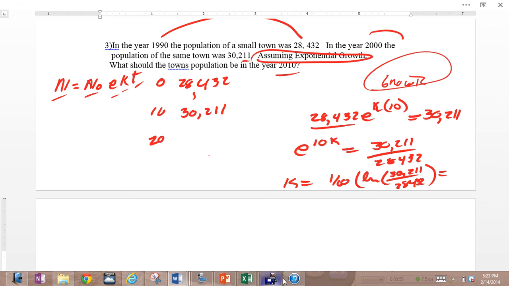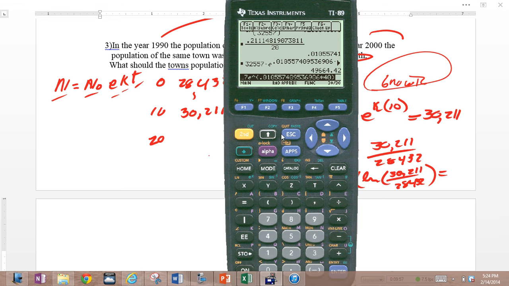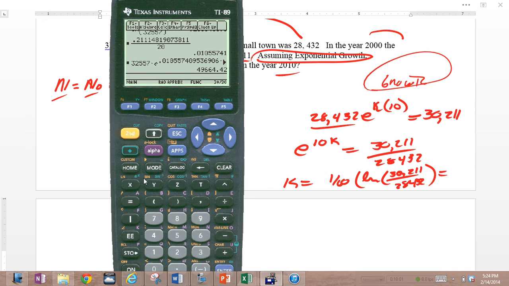So let's pull up our calculator and clear it. We've got to take the natural log of this quotient, 30,211 divided by 28,432.